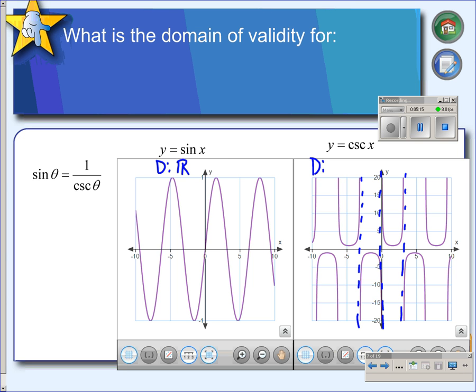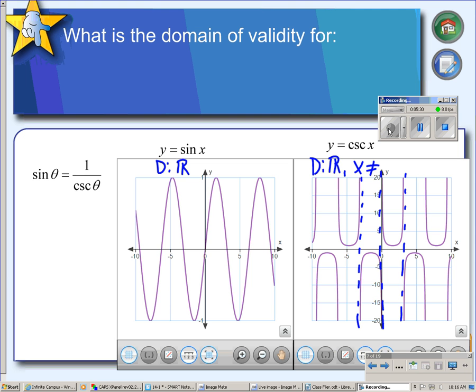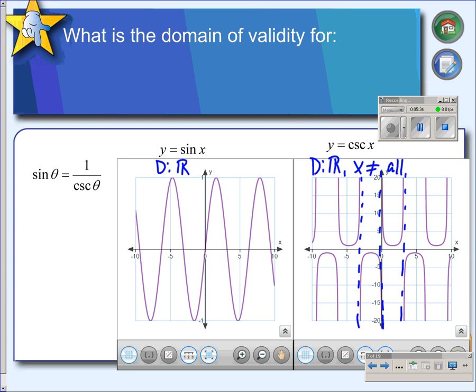So the domain of validity here is going to be all real numbers where x or theta cannot equal pi or any of its multiples. So this would be all multiples of pi.